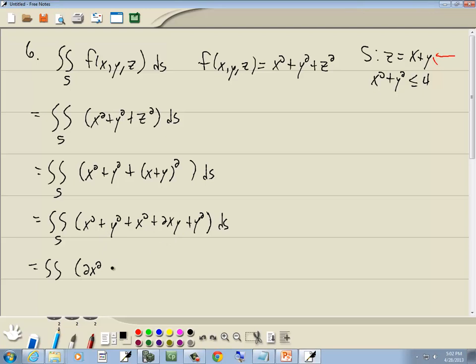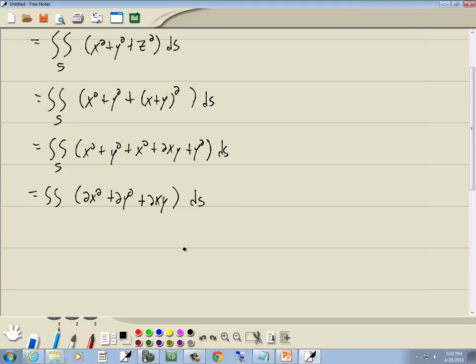Y squared plus y squared is 2y squared. And 2xy, like that. And I can factor a 2 out in front, so I don't have to worry about it. So bring that 2 out, and we're going to end up with x squared plus y squared plus 2xy, ds.